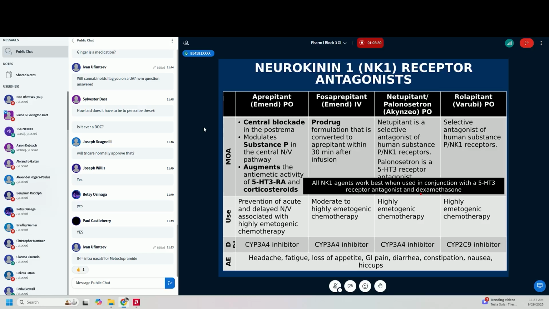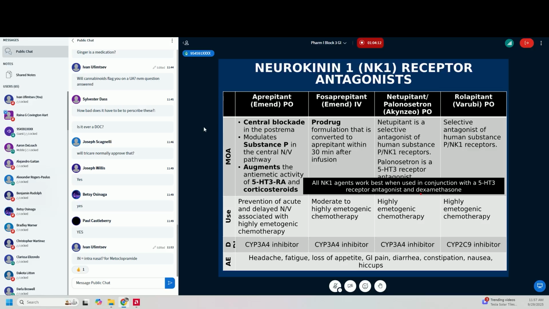Those sometimes help decrease the nausea and vomiting as well. So for the most part, when we're looking at these, you're looking at your chemo-induced type of situations, okay? So I think for your use and what would be easy for you to remember is to put chemo-induced nausea and vomiting, especially for your fosaprepitant, your netupitant, and your rolapitant. All of these are your ones that are definitely for your chemo-induced nausea and vomiting.